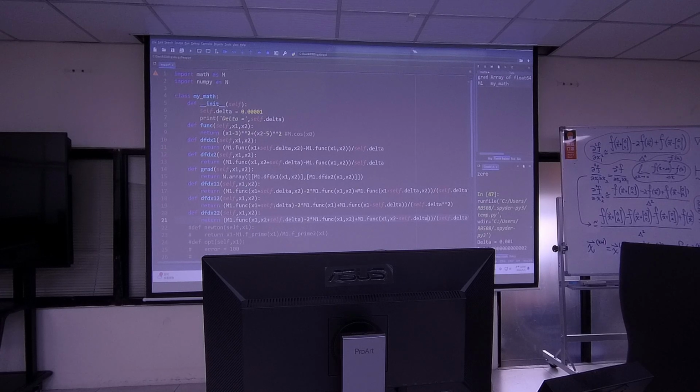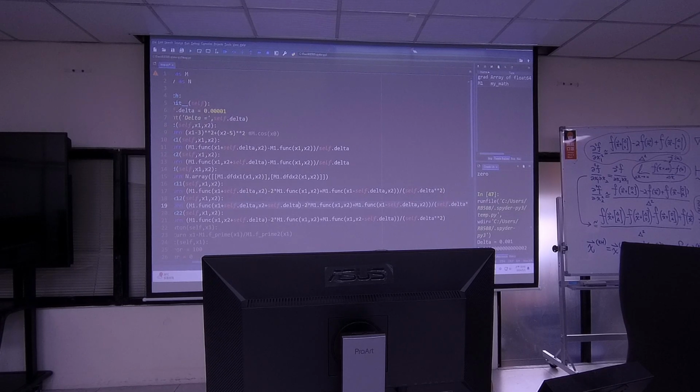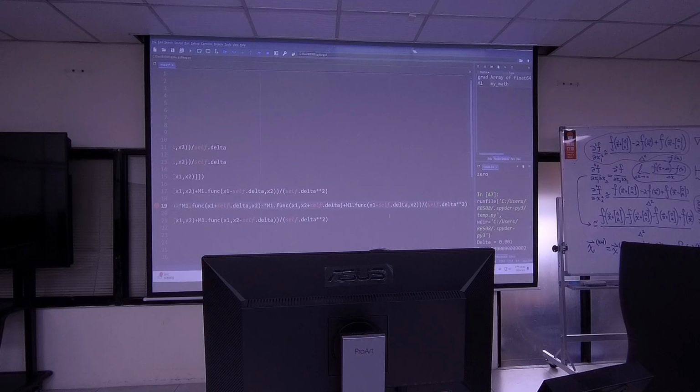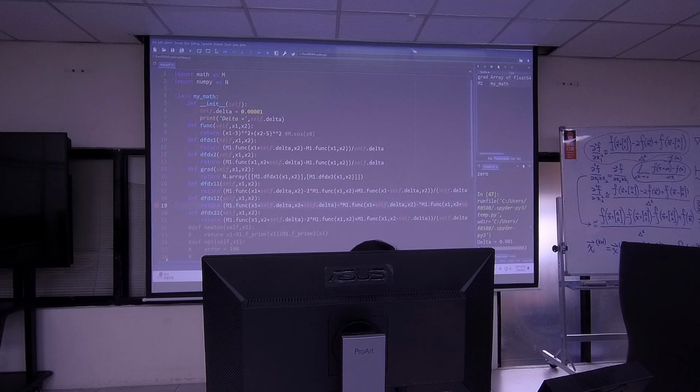This one, I need also x2. Every term has x2, but increment on x2 and x1 both, minus. I need 2 of those. Minus increment on x1 and then increment on x2 and then plus itself, plus the original place. That's the other term right here.